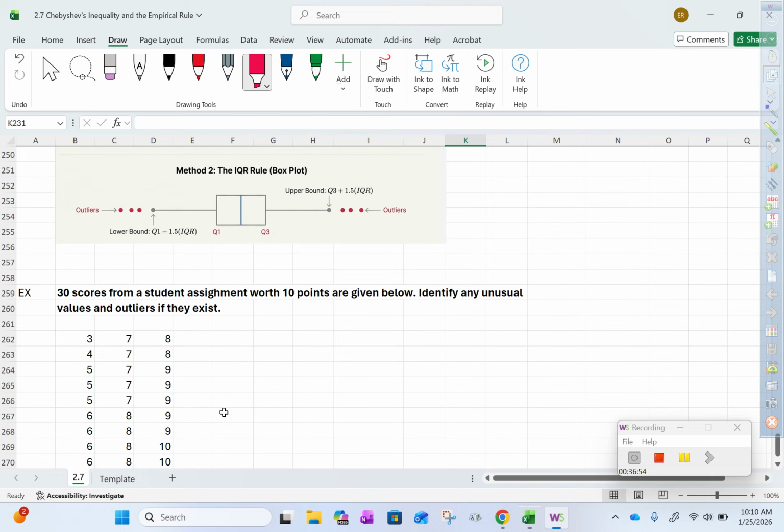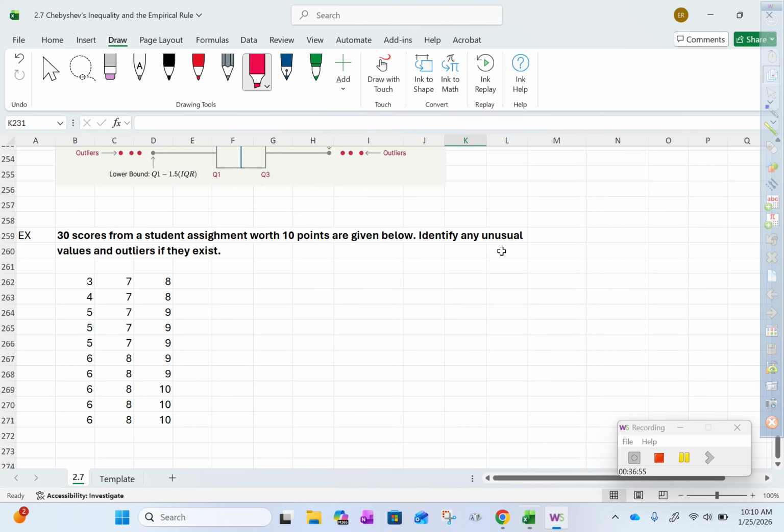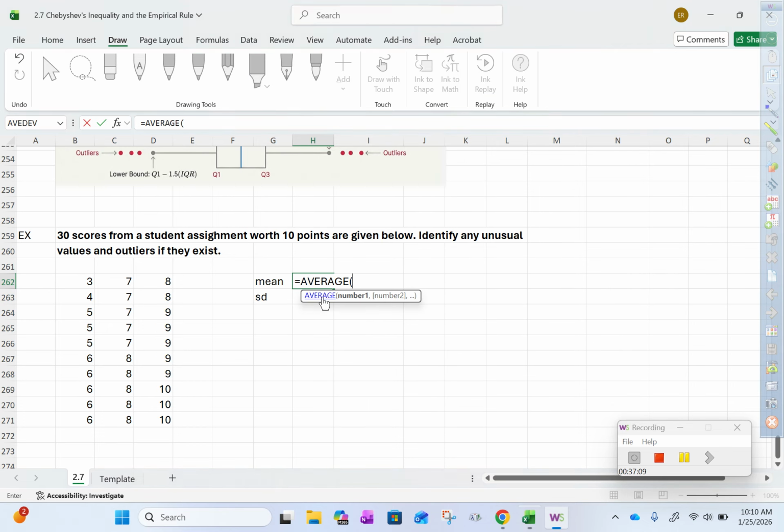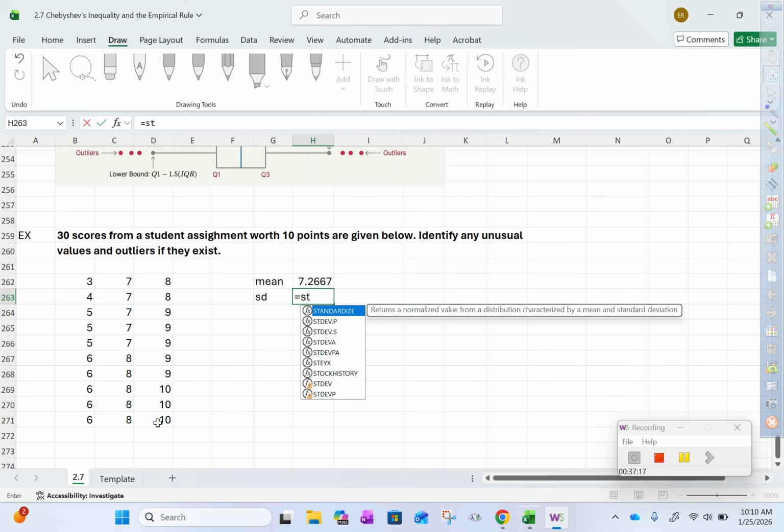So here, given this data set, we're going to identify unusual values and outliers if they exist. And in order to do that, we need to know the mean and the standard deviation. Okay. So here equals average. So our mean is 7.2. And then we're going to do the standard deviation.